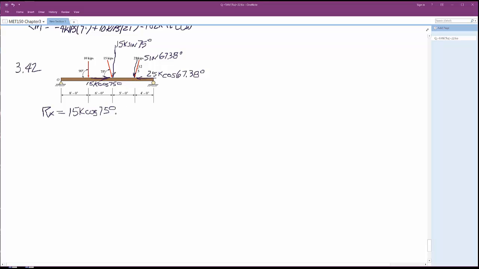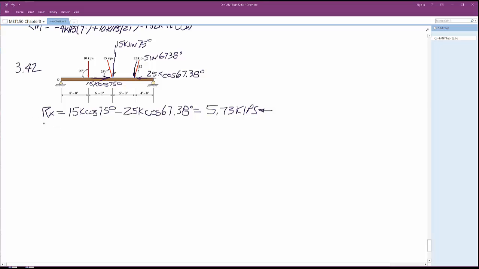Then we've got minus 25 kips cosine of 67.38 degrees, and that's all we're given. So we'll do the math on that, and we find out that we've got 5.73 kips to the left. It came out a negative value, so it's going to the left.